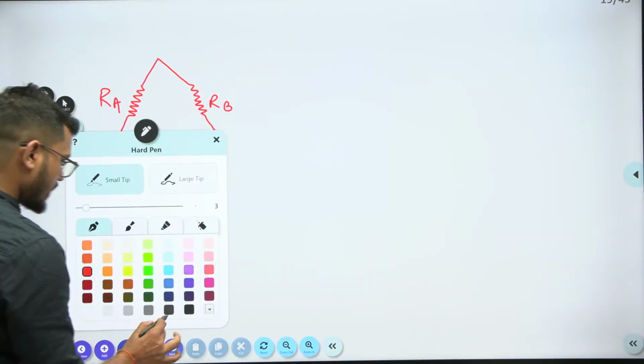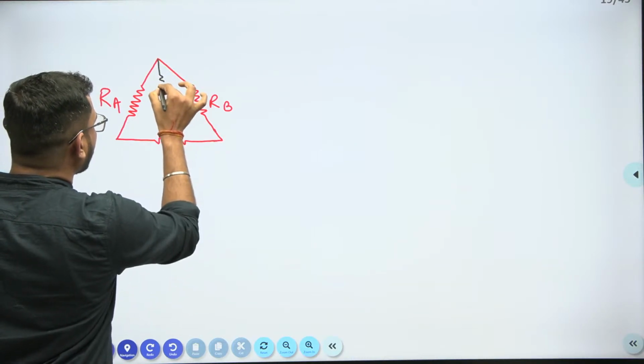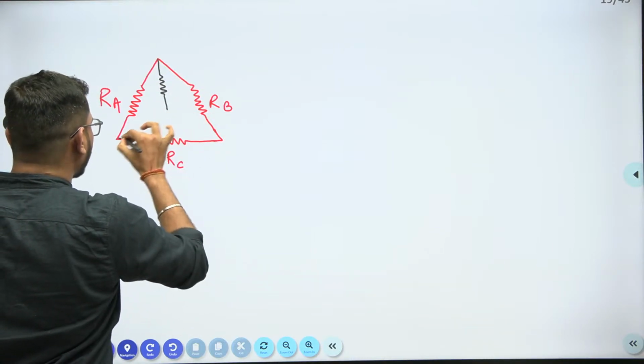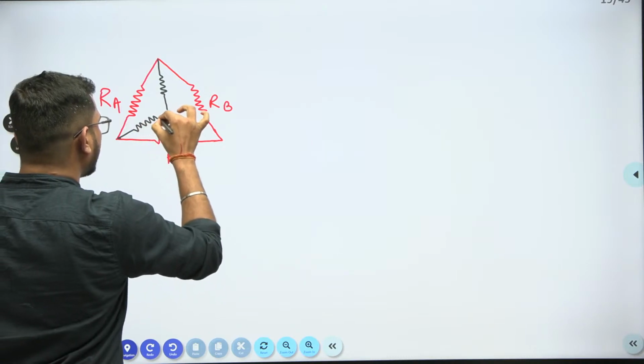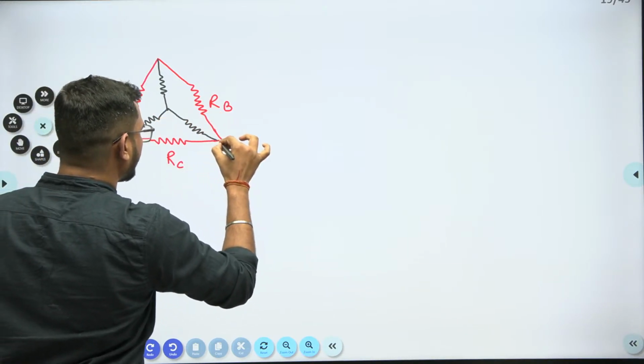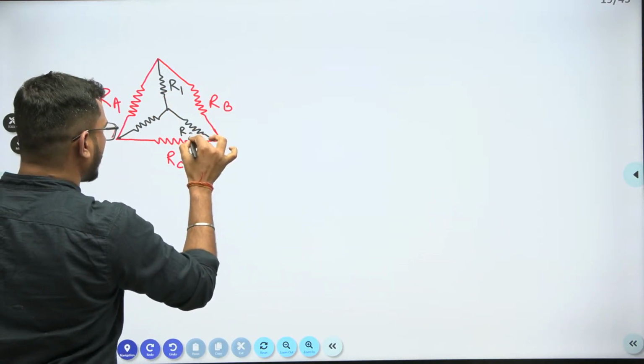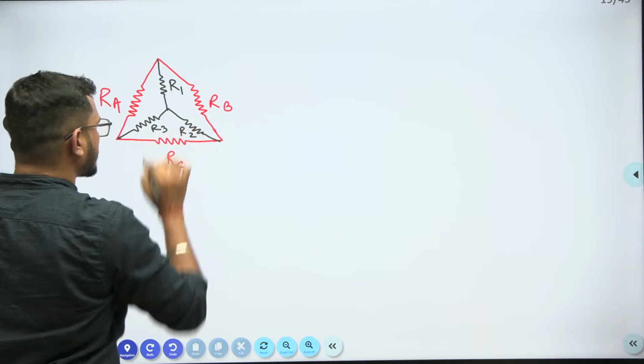Okay, so next if I am drawing here, one resistance is here, one resistance is here, and another resistance is here only. Okay, and let us suppose this value is R1, this value is R2, and this value is R3.